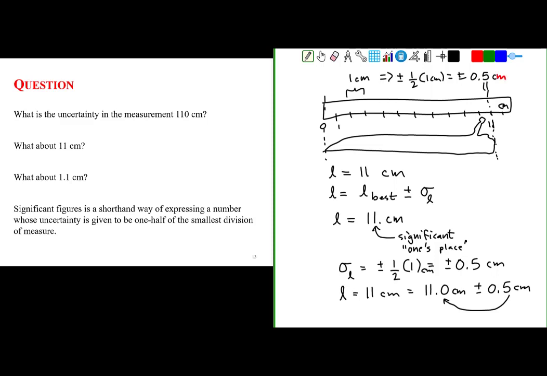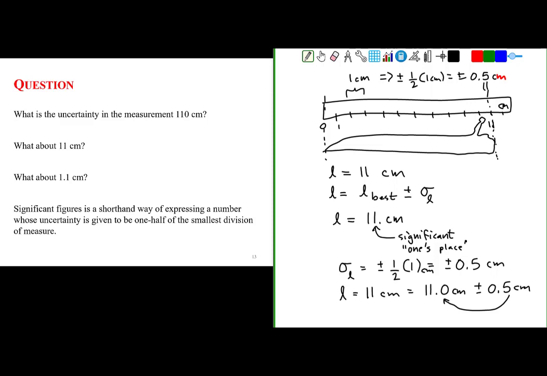And from this, we could reasonably estimate, whenever possible, if you could reasonably estimate to the nearest half of that smallest division of measure, then you can use the rules of significant figures. The rules of significant figures only apply to when you could successfully measure to 1/2 of the smallest degree of measure. If you can't make your measurement that precise, or if you can make your measurement more precise than that, then you don't use the rules of significant figures.